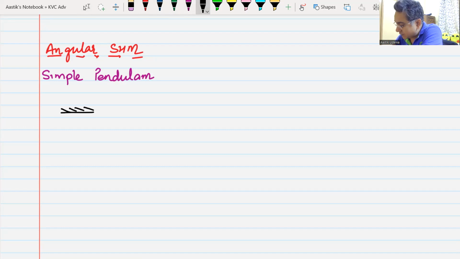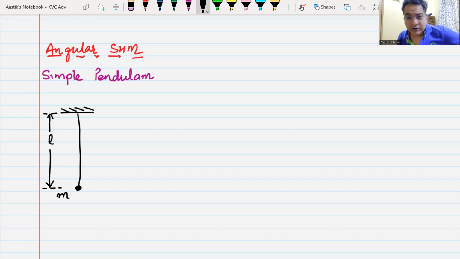What happens in a simple pendulum? You have a string of length L and a bob of mass M attached to the end of the string. If you take it to some height and leave it, let us say I take it to this angle theta naught and leave it.